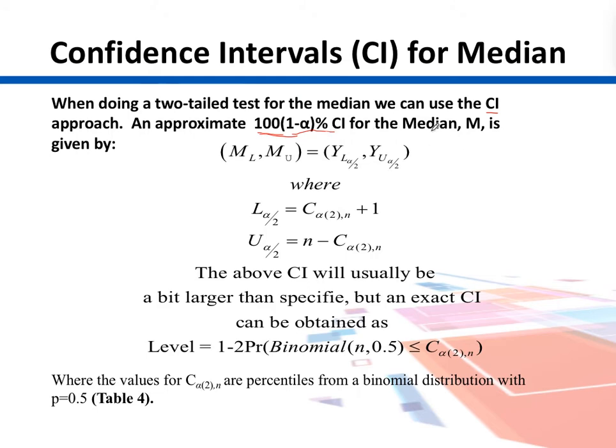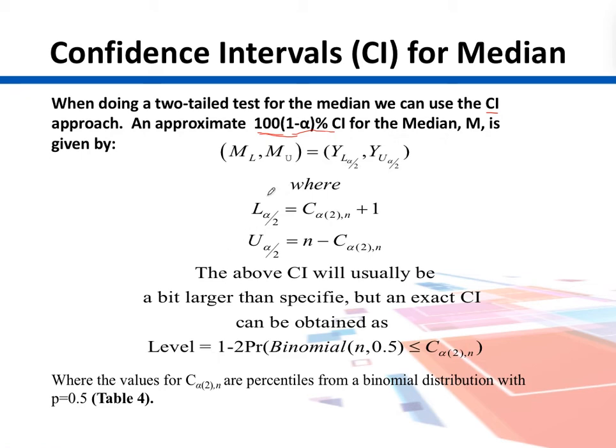We use this confidence interval approach to reject the null hypothesis. Remember, we did it before in the t-test: if the mean under the null hypothesis is included in the confidence interval, we fail to reject the null hypothesis.